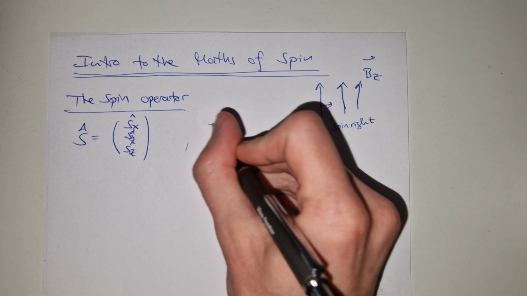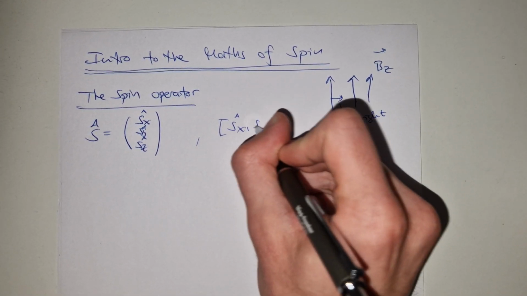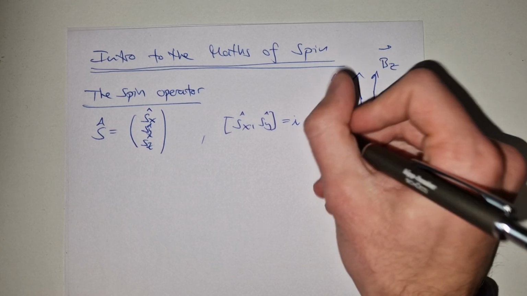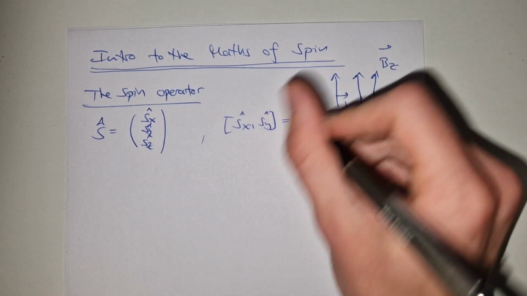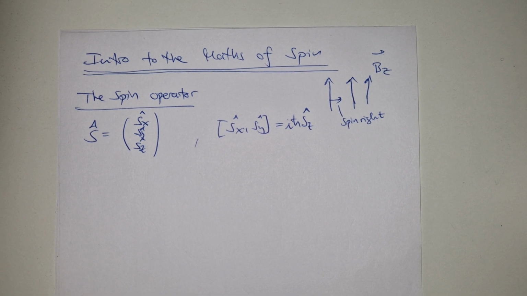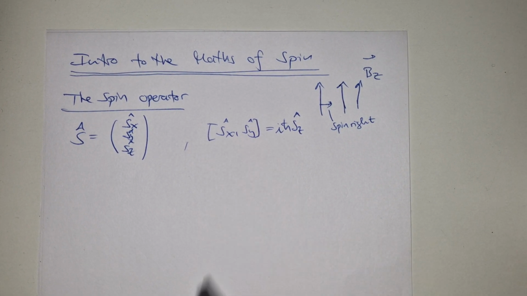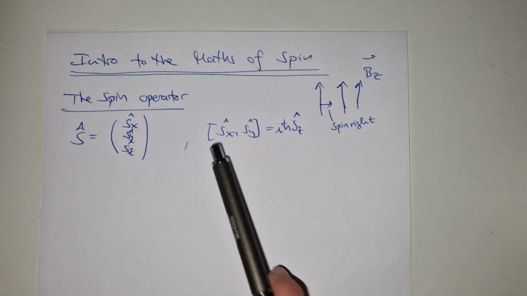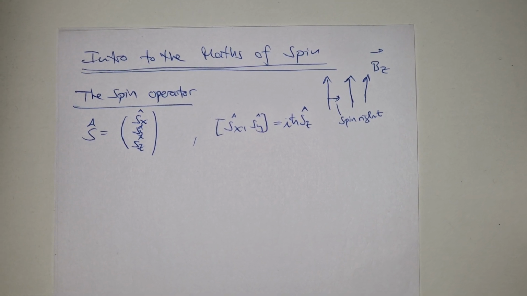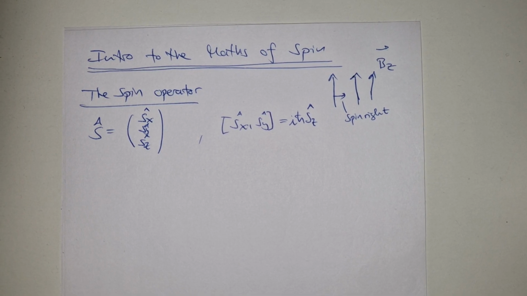For example, the commutator of spin x and spin y is i, the imaginary unit, times h bar times the spin z operator, which is non-zero in general. That means we cannot measure Sx and Sy at the same time. So in general, whenever the commutator of two operators is not zero, we cannot measure these two at the same time with arbitrary accuracy, which is the uncertainty principle, right?